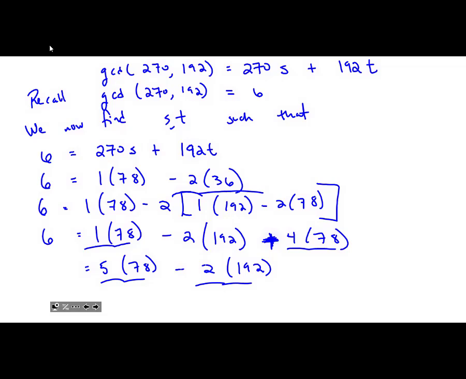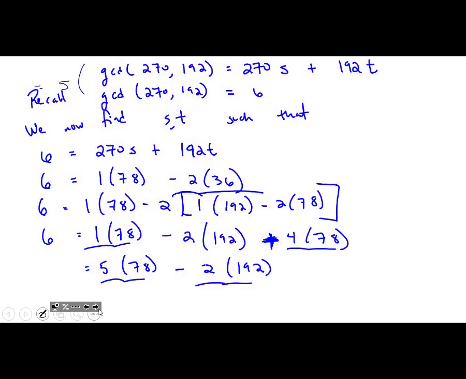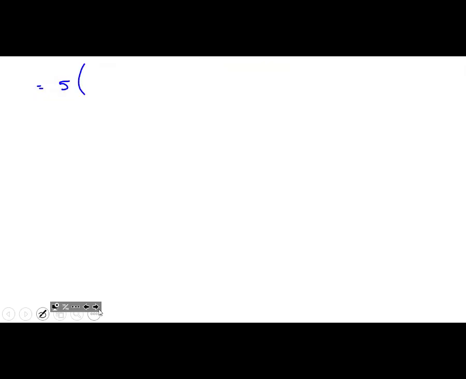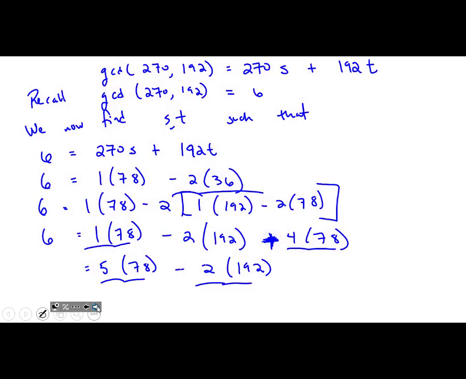Okay. Well, if we continue just a little bit more, I can write this as 5 copies of 78 minus 2 copies of 192.